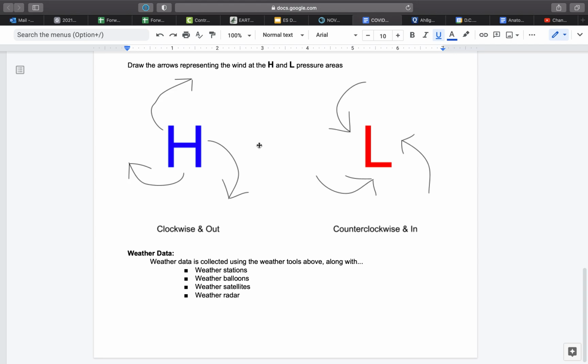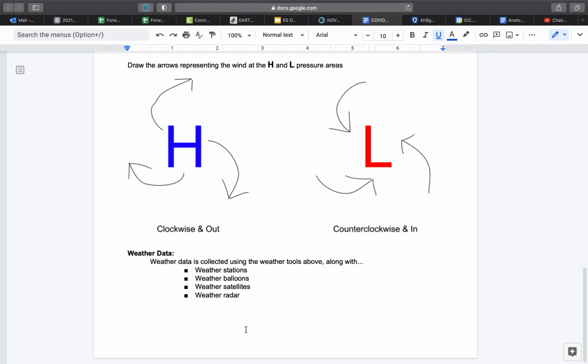So in addition to some of the tools that I mentioned before and some things that are true about high and low pressure zones, there's also some other weather data, more technologically advanced information that comes from weather stations spread all throughout the nation and the world, weather balloons to figure out what's going on in upper areas of Earth's atmosphere, as well as weather satellites that are in orbit around Earth, and they're constantly looking back, looking at things like moisture content and air movement and pressure movement, things like that, and then weather radar as well.